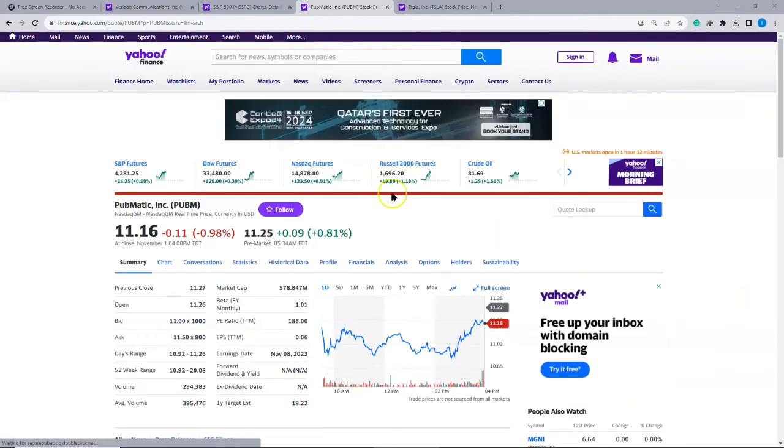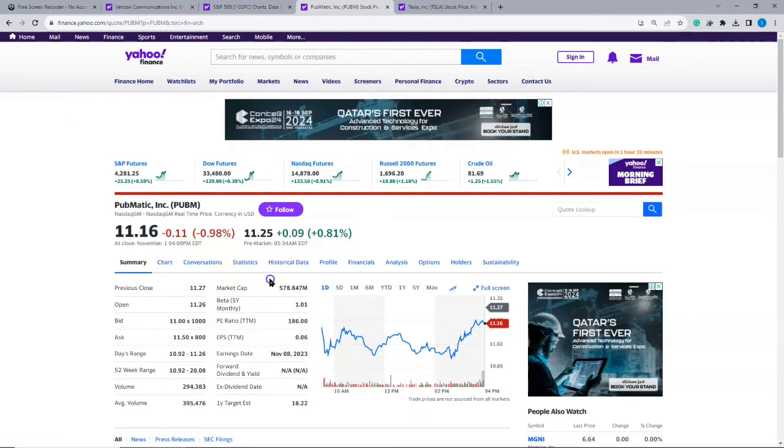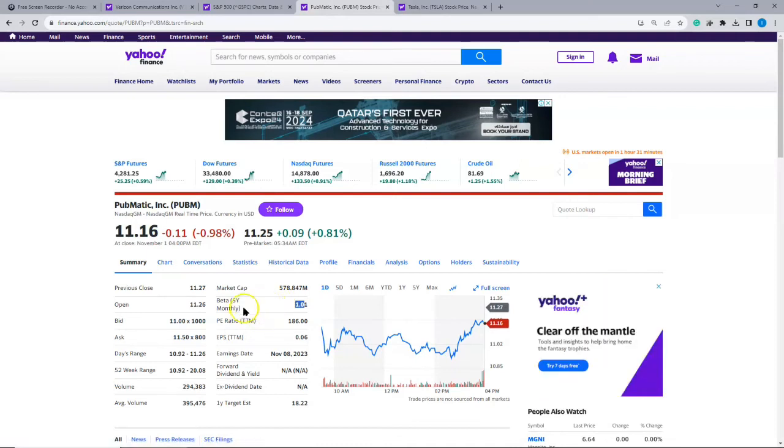In Yahoo Finance, we write the name of the company in the search engine, and I chose a company called Bobmatic because it has a beta of exactly 1 or almost 1, which means this company moves exactly on average with the S&P 500, the whole market. Beta here is measured over a period of 5 years, taking monthly data.